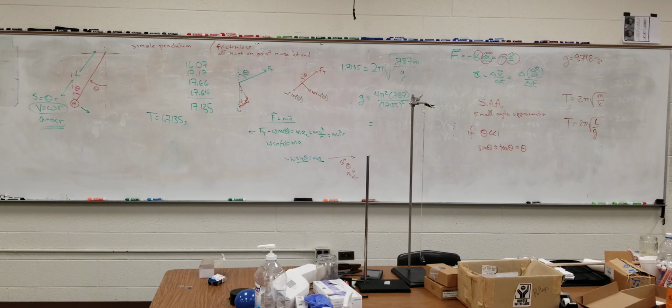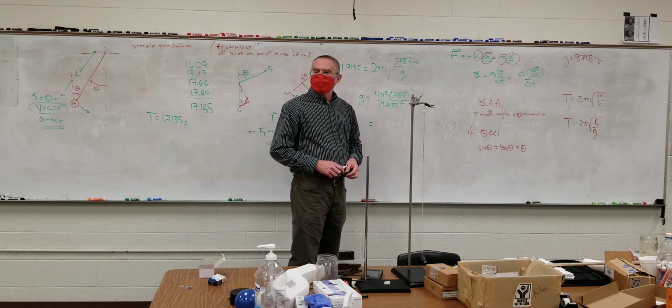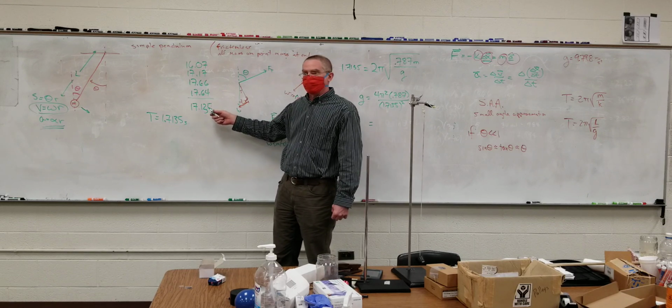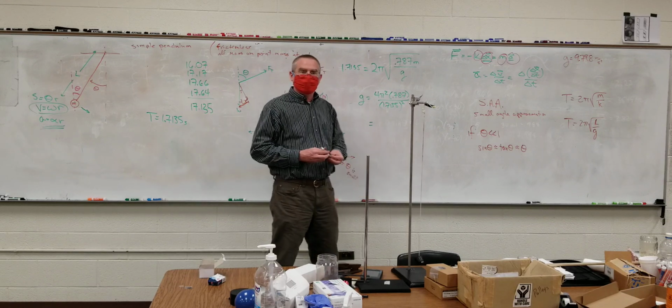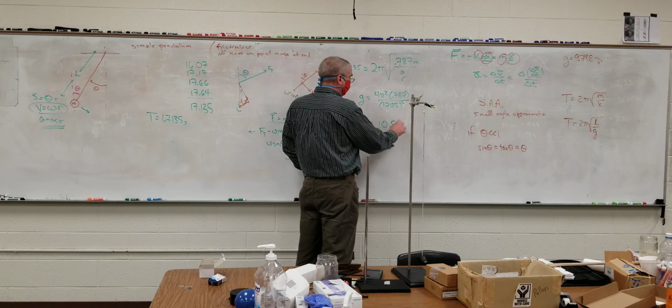That should be 1.7135. Okay, so the bottom one is 1.7, because the 17 was for 10 swings, so the period is just for one swing. So that should be 10.58. I got 10.18. You had 18, she had 5.8.